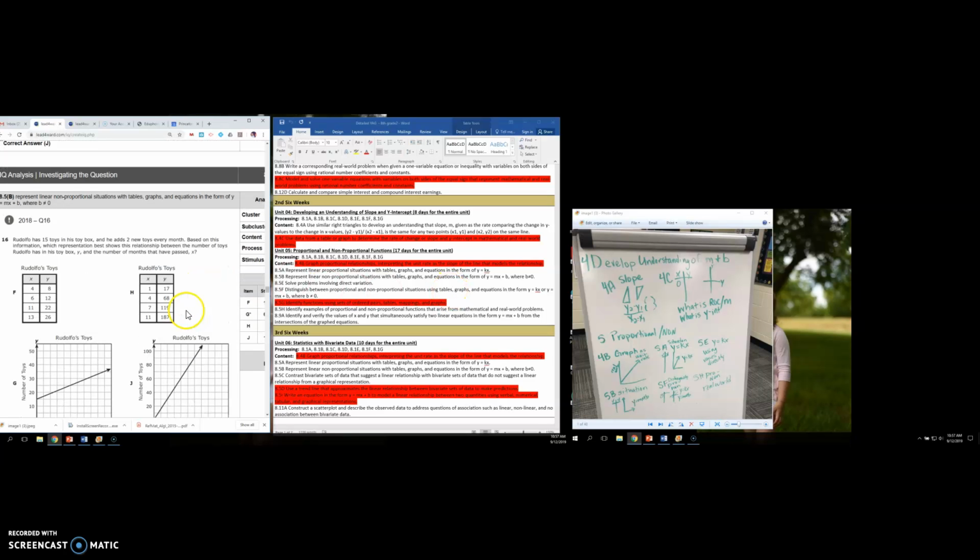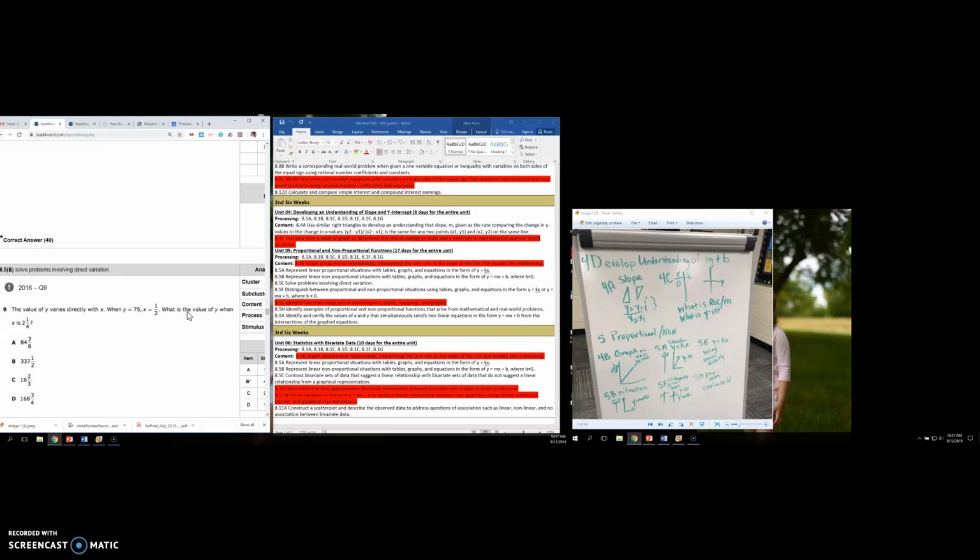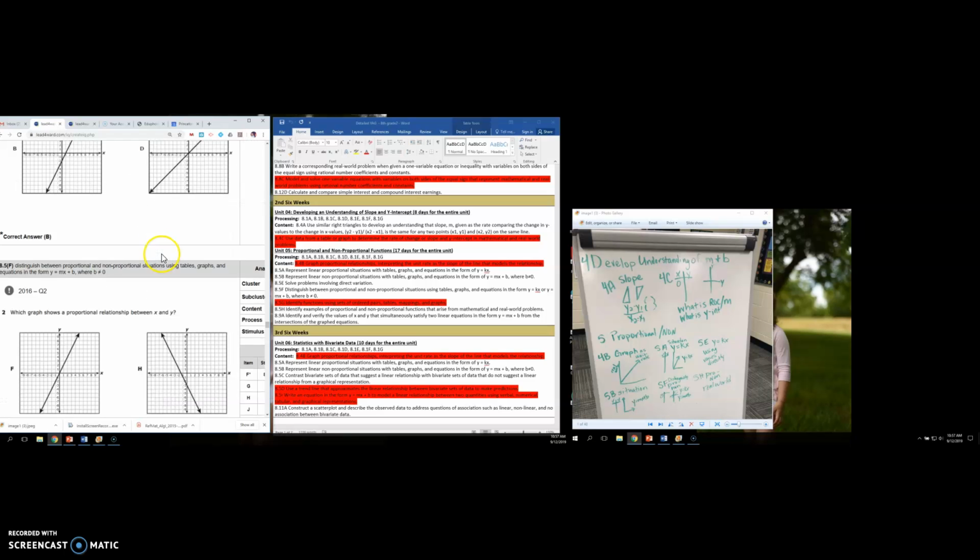All right, 5F is to distinguish between proportional and non-proportional situations. So we're going to be looking at 5F. Let's see what those look like here. The couple times it has been tested in the past has been just graphs.